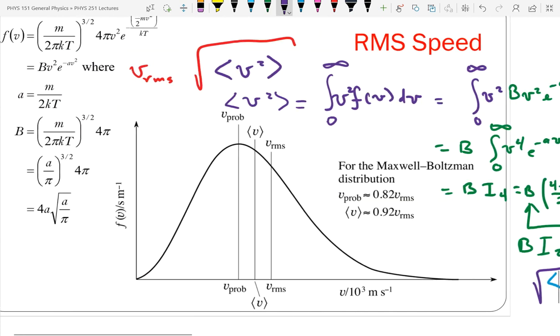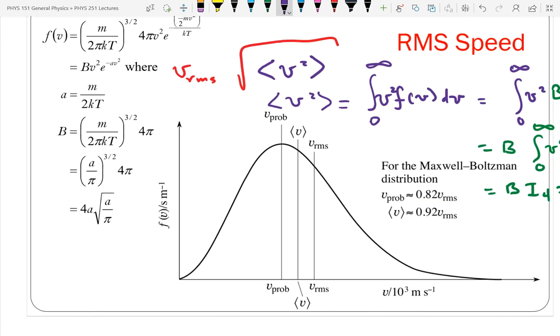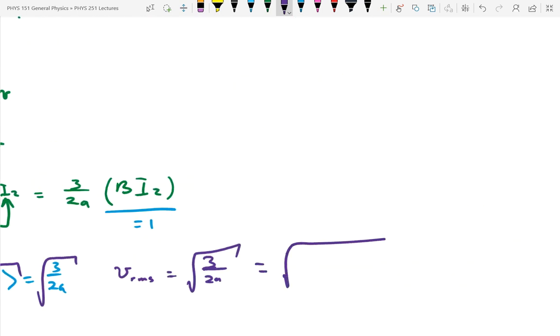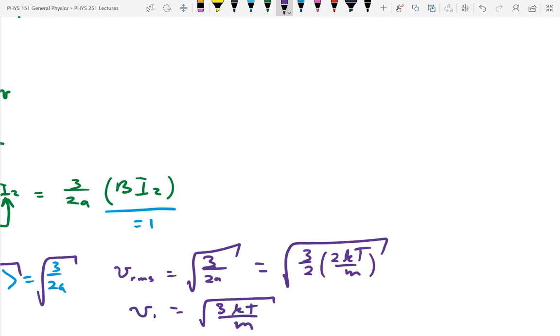And then I have to look at what a is, and a is m over 2kT. Notice 2 over 2 cancels. So there we found the v RMS is equal to the square root of 3kT over m.